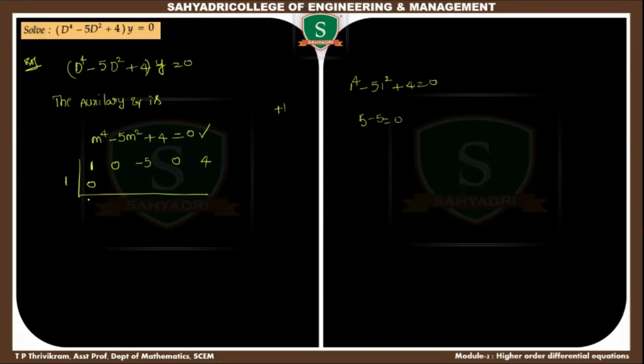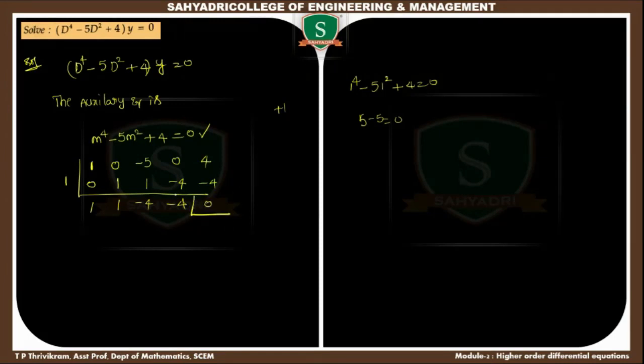So apply synthetic division with this root. 1 into 1 you get 1. Add it, you get 1. Next minus 4, multiply with this you get minus 4 again. Add it, minus 4 again. Multiply it, minus 4, again 0.